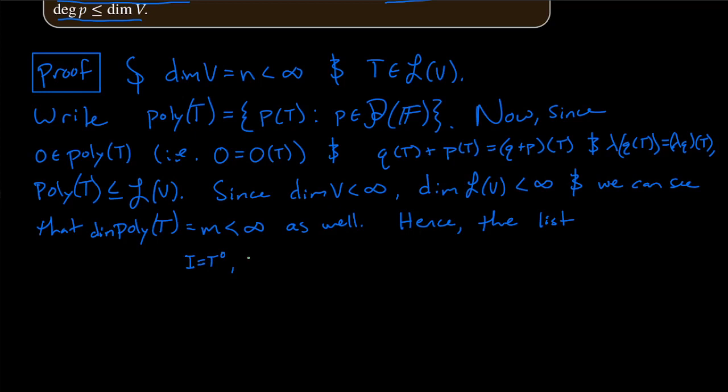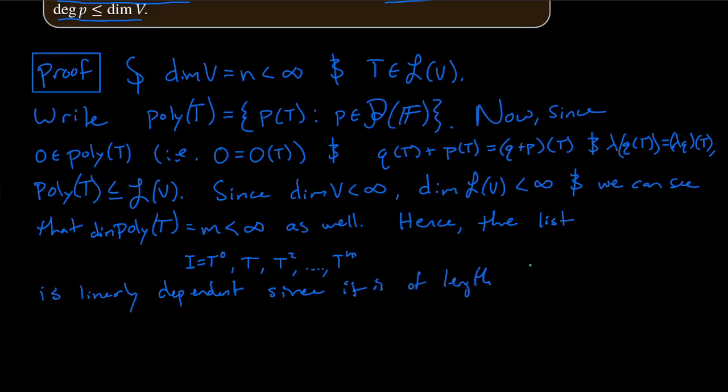Okay, t to the 0, so it's like the constant polynomial that is the multiplicative identity of the field, that applied to t, t, t squared all the way up to t to the m is linearly dependent, since it is of length m plus 1.